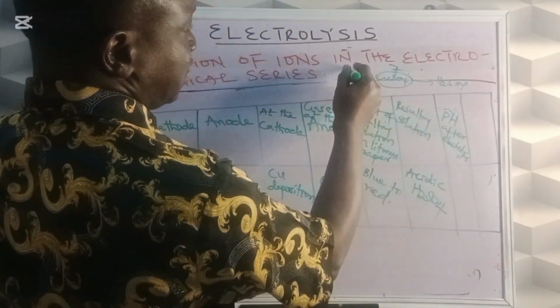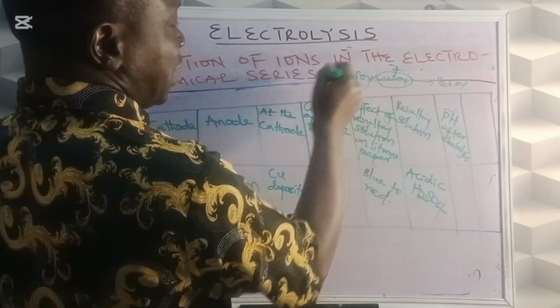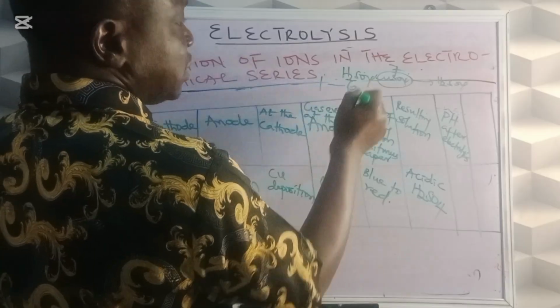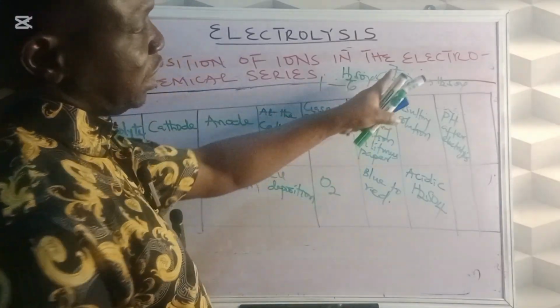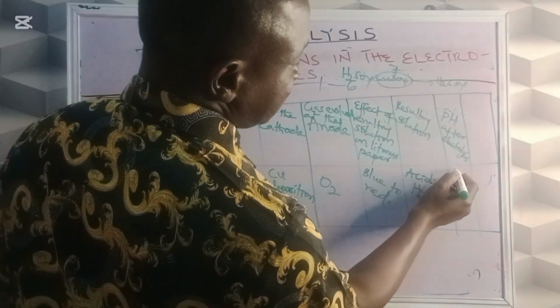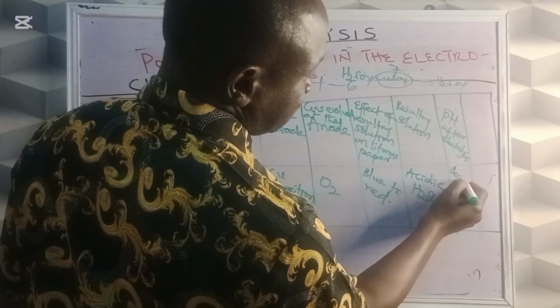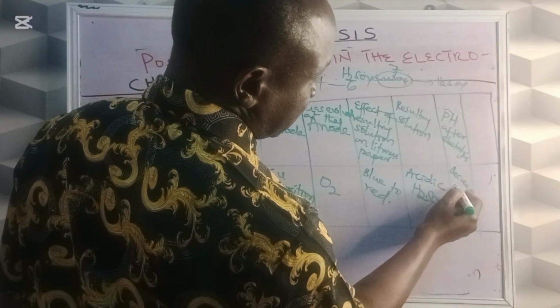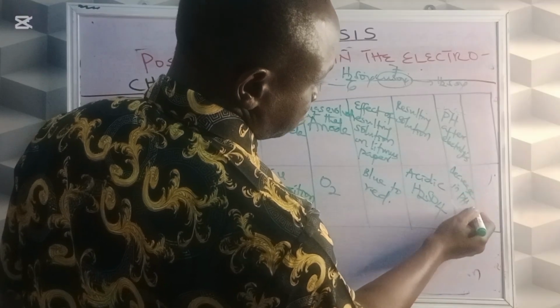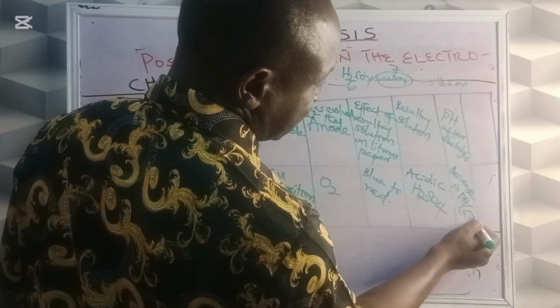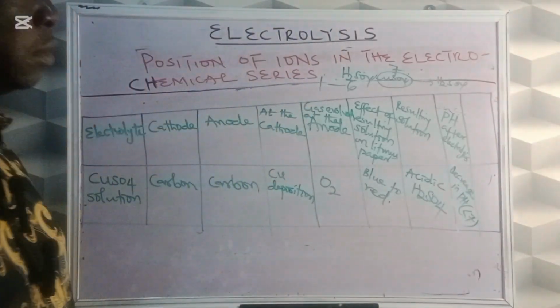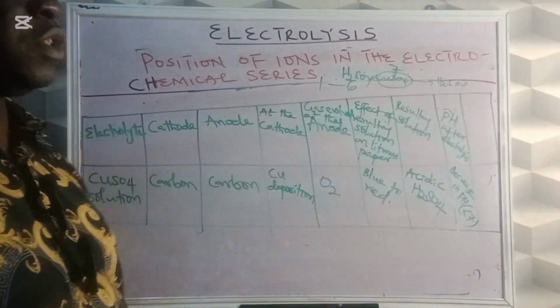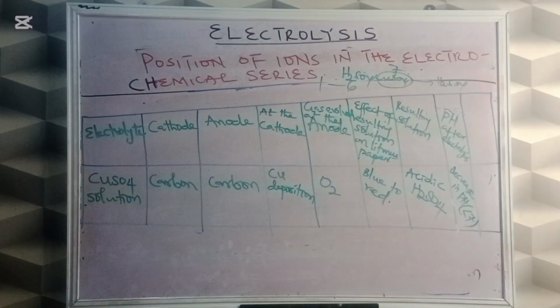Then the resulting solution H2SO4, an acid, is between 1 to 6. So meaning it has dropped. So we say there is a decrease in pH, meaning it will be less than 7. Please take note of that.